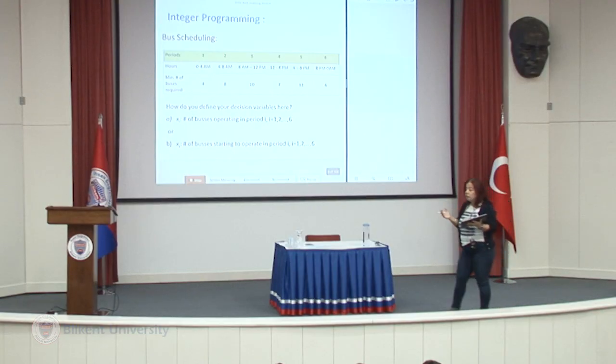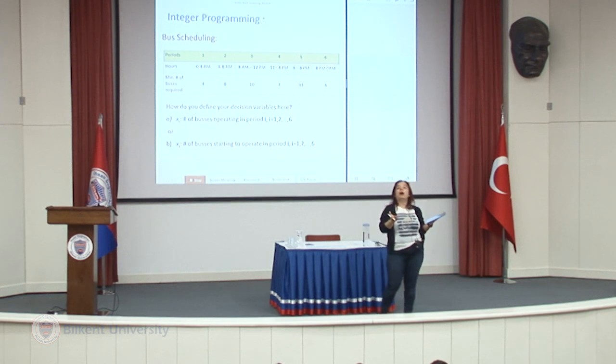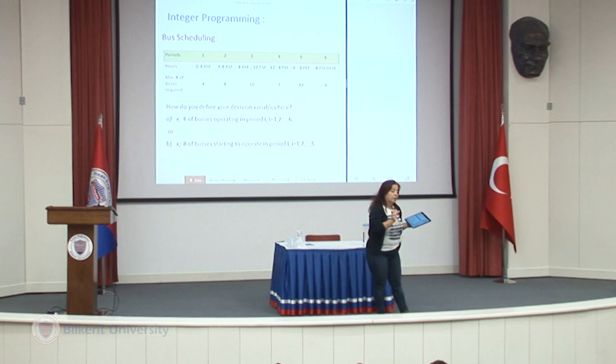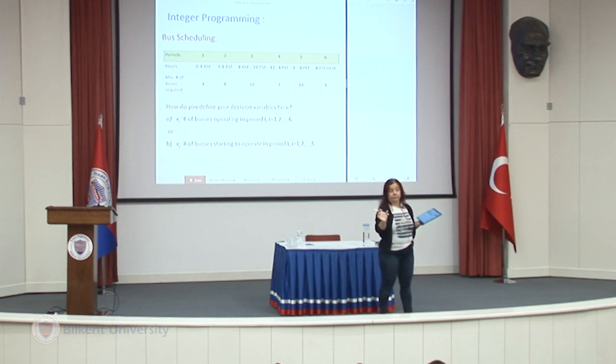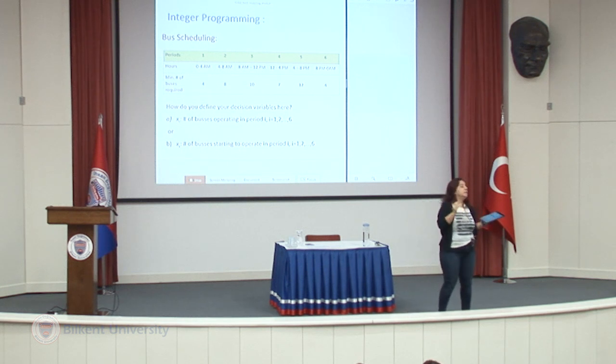First of all, yes, the number of buses will be our variables, but what version of it? Because they work for 2 periods, okay? If they worked for only 1 period, I would be okay, let xj denote the number of buses in period j, and then it will be a very easy problem.